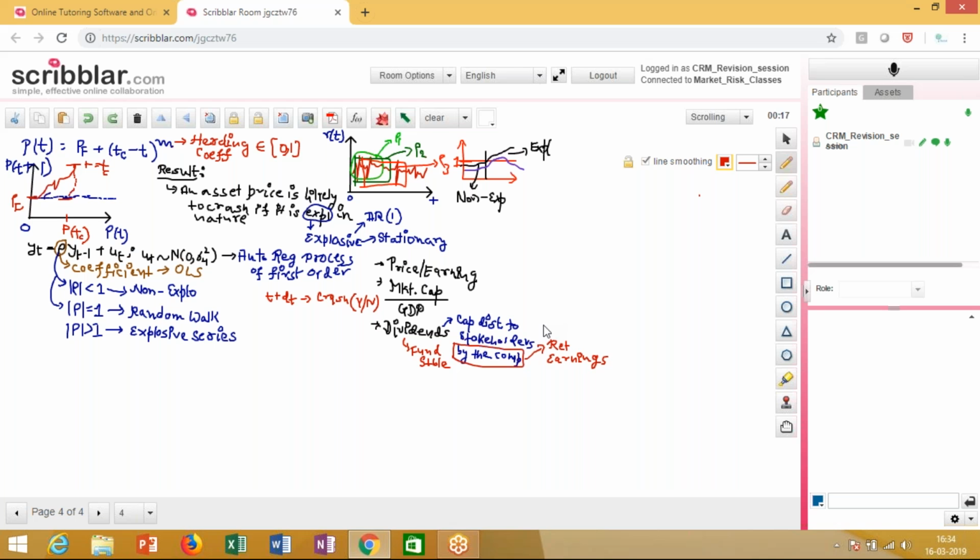Now the second part of the story is your price earnings ratio. Price earnings ratio is a very famous ratio. It's one of the most traditional, one of the most classical ratios.